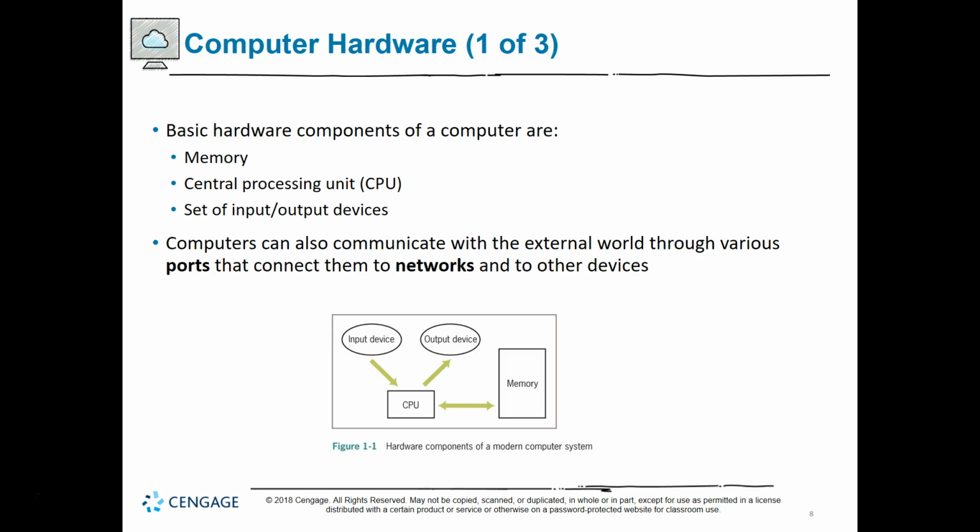If we break it down a little further, and some of this may be very elementary for some students, for some it may not, your computer really takes in data. It can process it, so it uses something called a CPU, or central processing unit. If you look at a computer and think, I have to buy a new laptop, and I don't know if I need the Core i5 or an AMD Ryzen processor, that's the CPU.